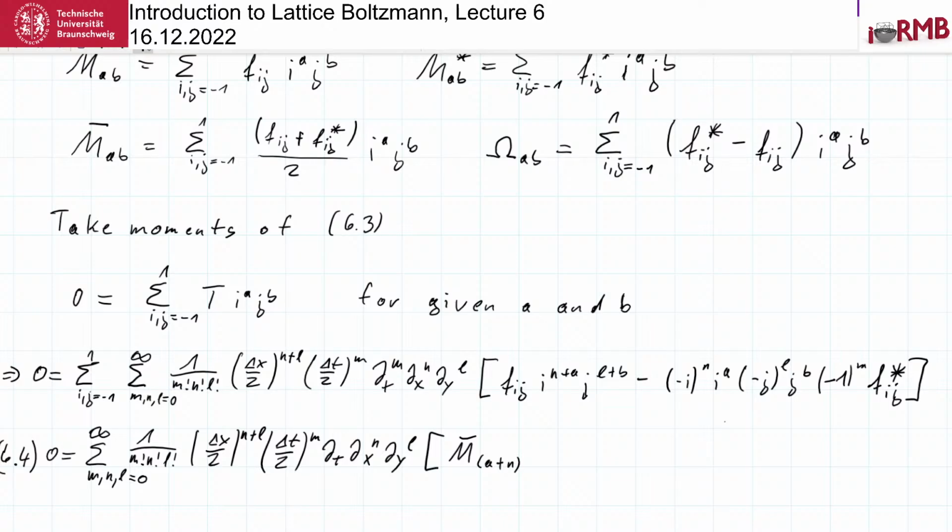So I'm just writing it down first. So of course, we are talking about countable moments. So we have i to the n plus a. So what we end up with is here as the first index of the moment, a plus n. Yeah. So we're counting up, and the second one is b plus l. Right?